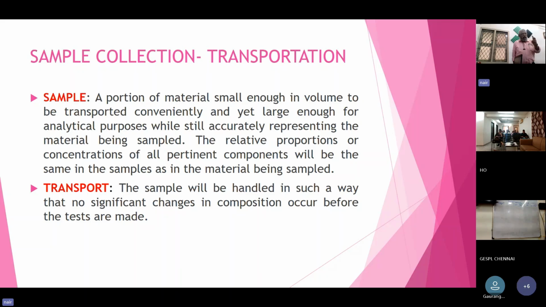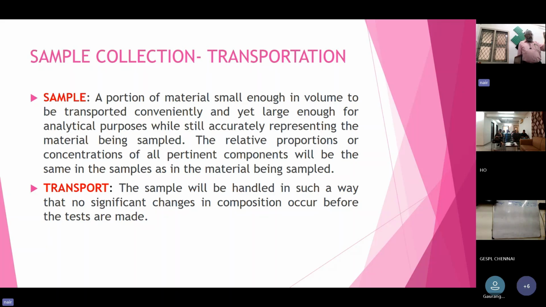That means the water they are drinking may not be the actual water which is stored in the pots. Just like here, the main thing is that the sample collected should be representing the actual material.